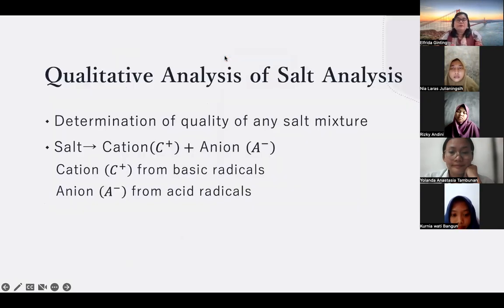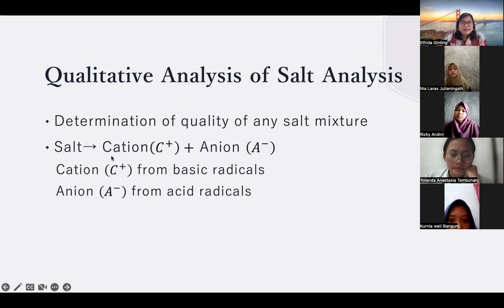Okay, now next we can also do qualitative analysis of salt. For example, if we have salt, the definition of salt is that we have cation and anion.